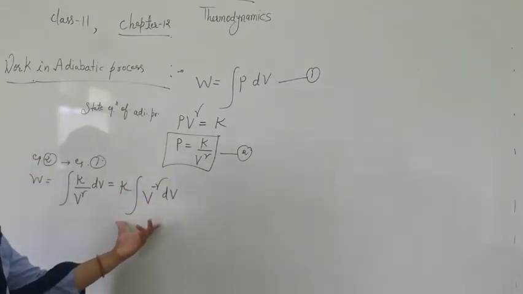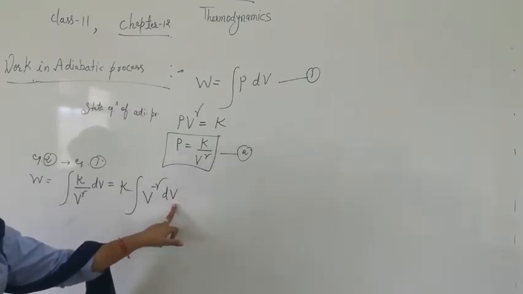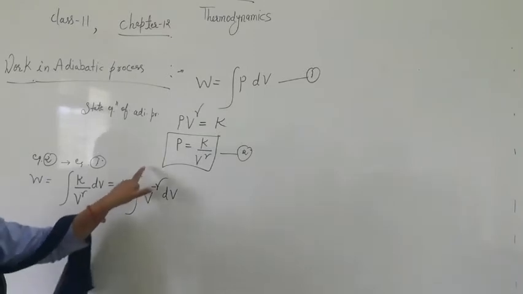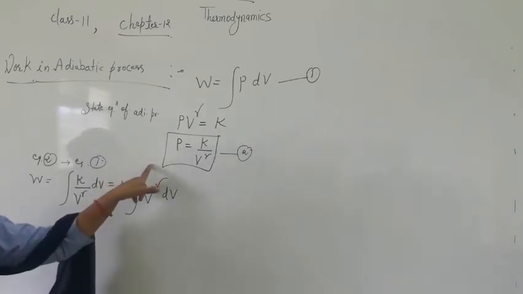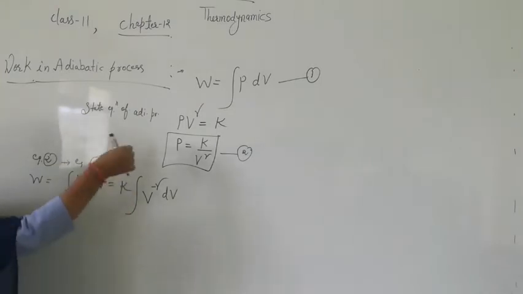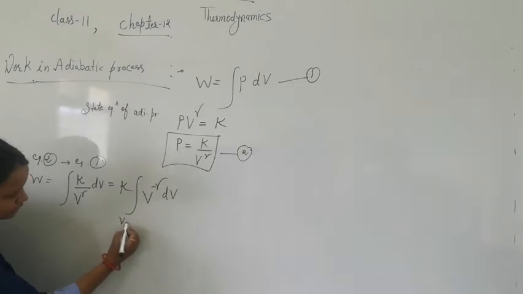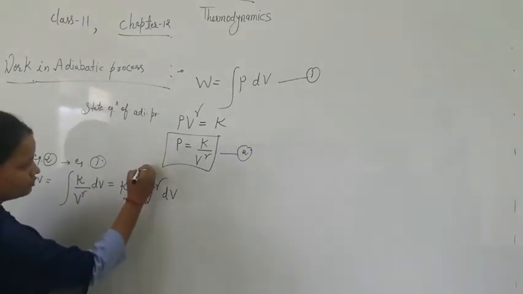Now it's time for the integration where volume is the variable. Then what about the limits of integration? This is always called the lower limit and this is called the upper limit. Consider the initial volume as the lower limit and the final volume as the upper limit.